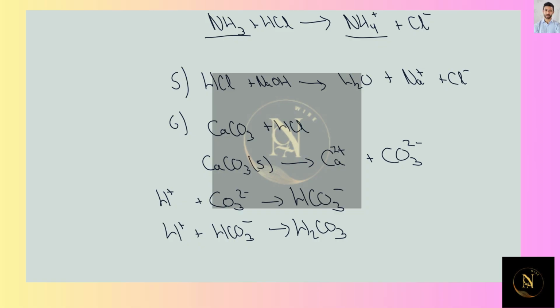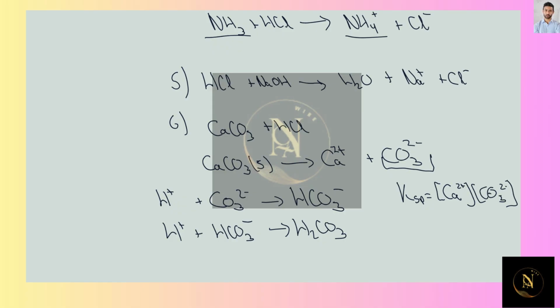Depending on the pH of the solution, the equilibrium is going to be shifted towards one side or another, but the fact that the carbonate can react is going to increase the solubility of calcium carbonate. Remember that the solubility is given by the solubility product, that is the concentration of calcium 2 plus times the concentration of carbonate 2 minus.